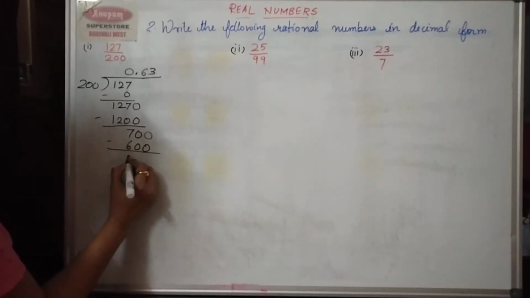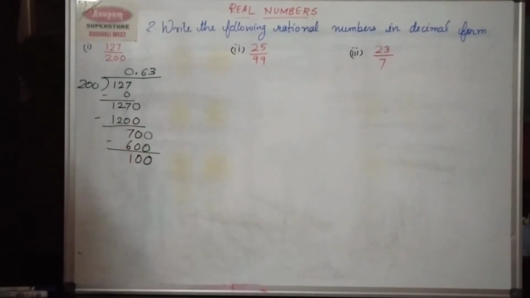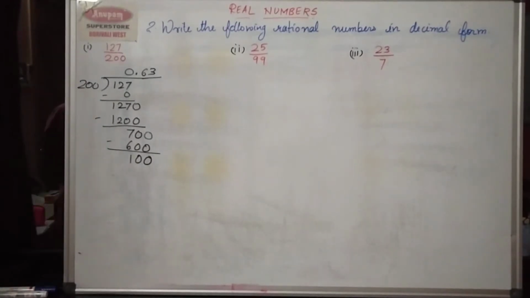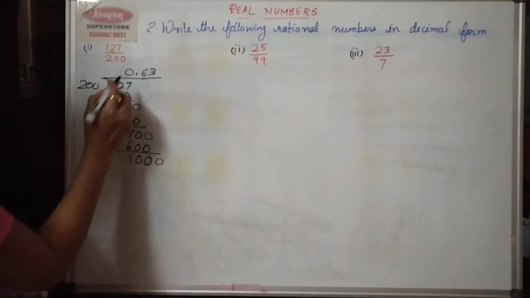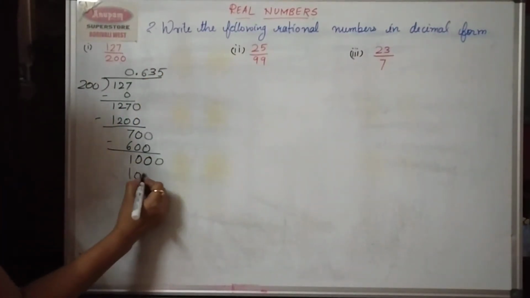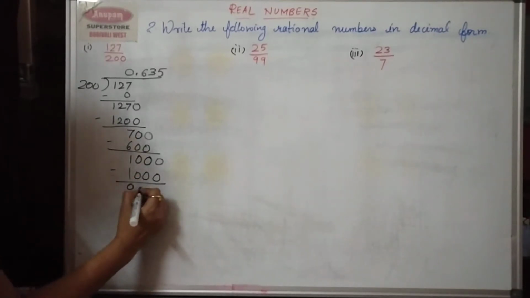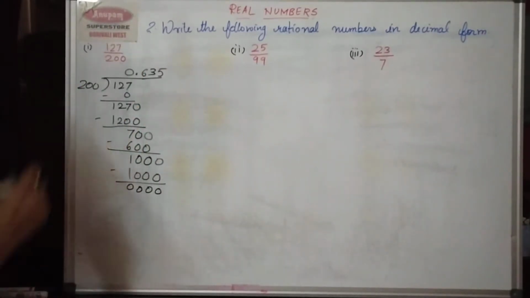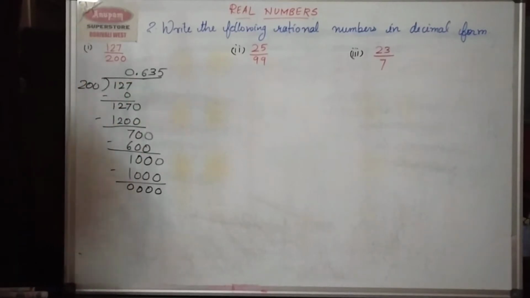And on the subtraction, I am going to get 100 as a remainder. But still, I can carry one more 0 down because of the decimal point, and hence 200 into 5 will give me 1000.